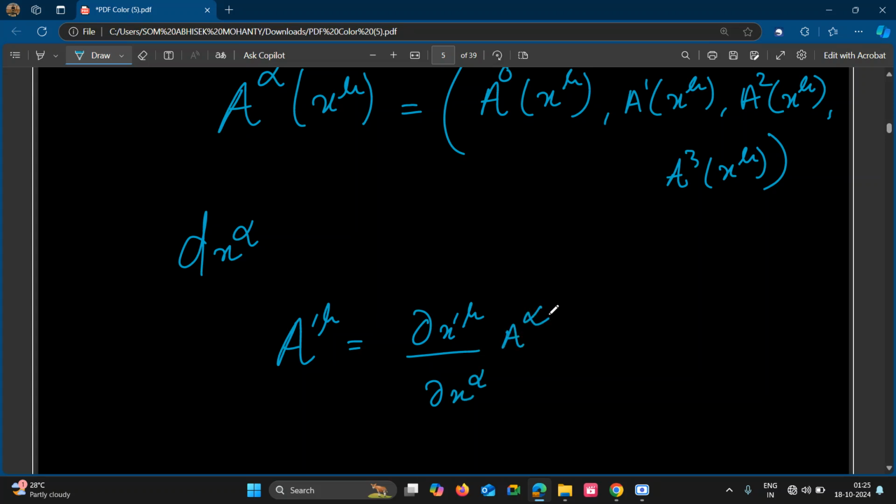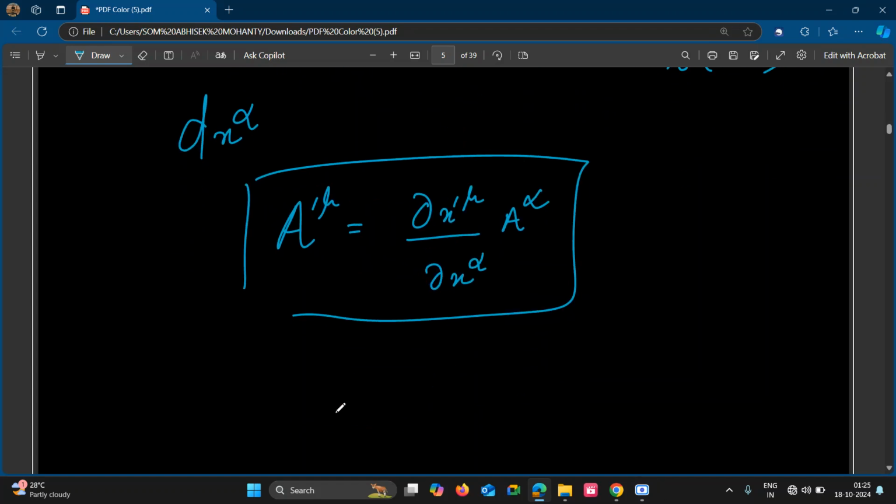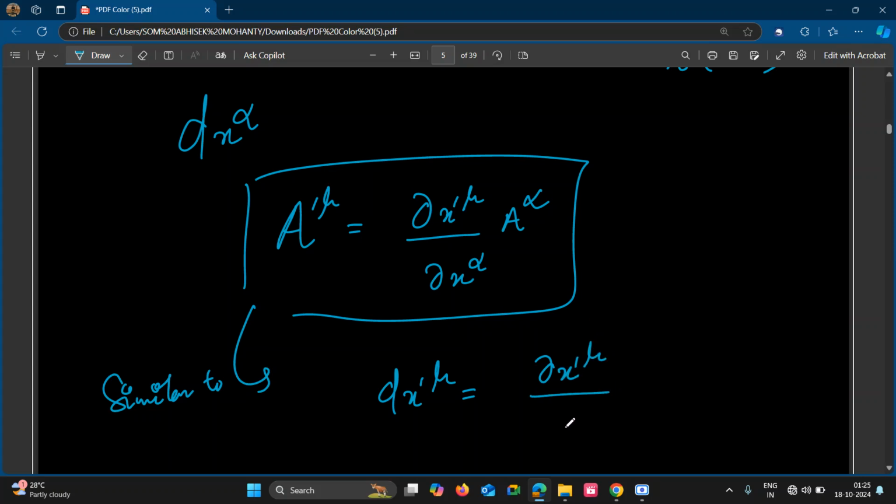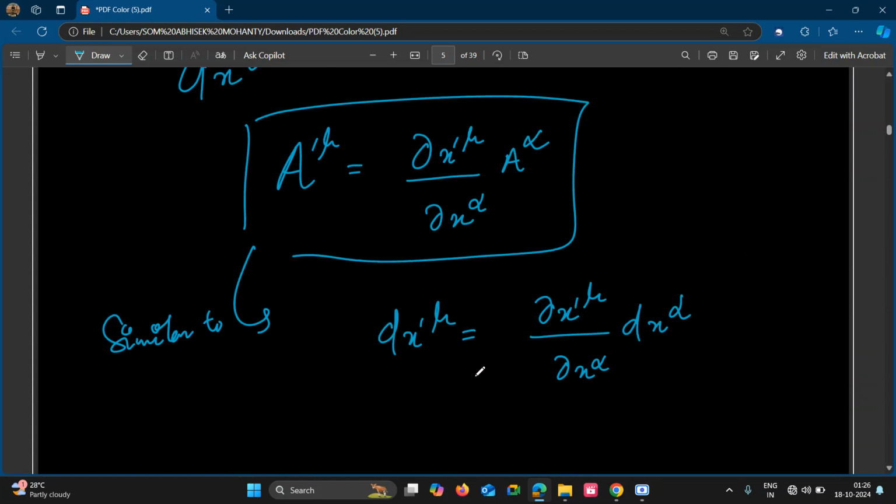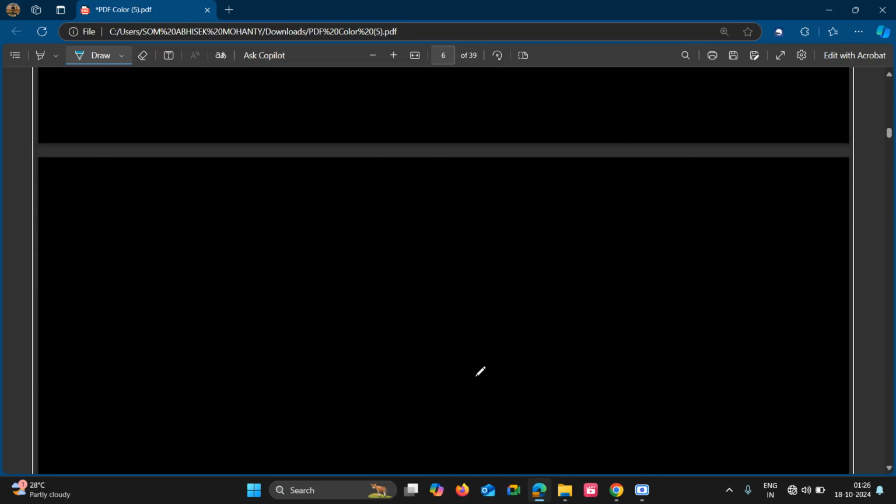This is the transformation for A alpha, which is similar to what we did before: dx dash mu is equal to del x dash mu by del x alpha into dx alpha. It's the exact same thing, with A in place of dx. That's it.